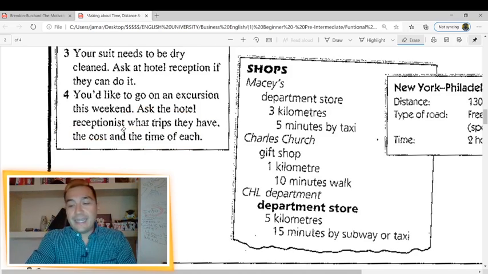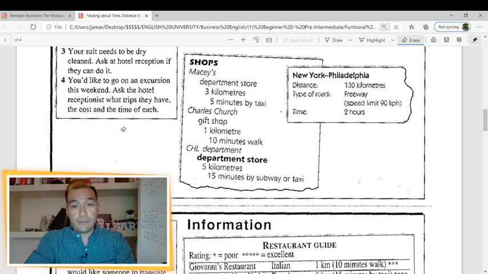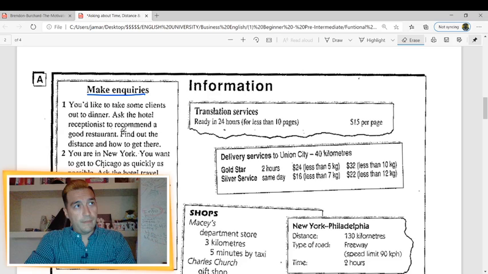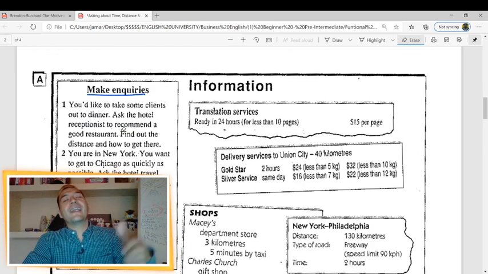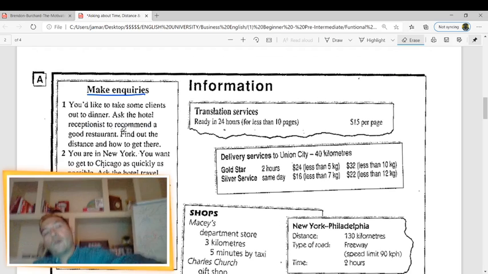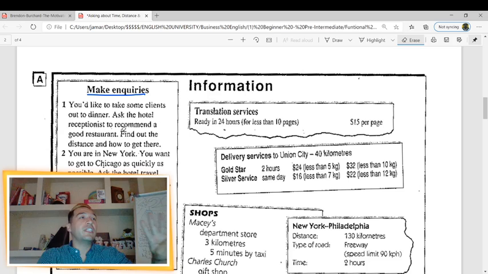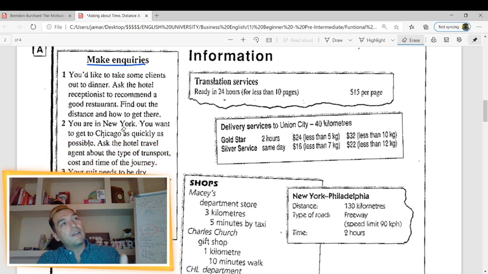Fantastic. Any questions? No? Easy or difficult? Okay, now look at part A. We just did 4 situations for work, right? Real examples. For homework, you're going to do 4 situations, but these situations right here. Where do you get the answer?